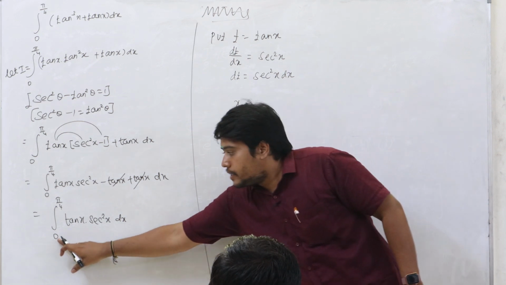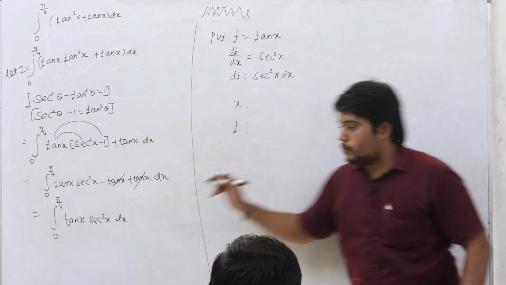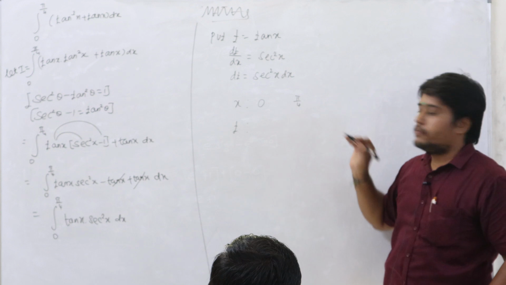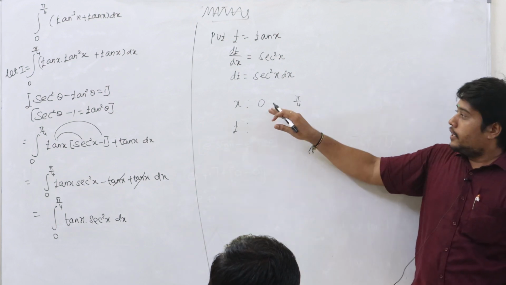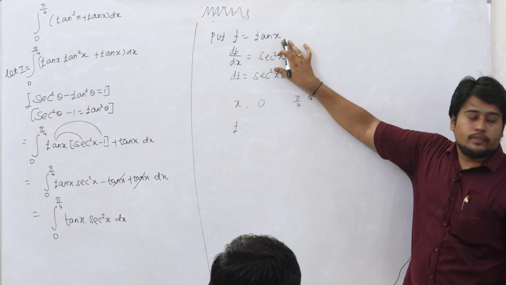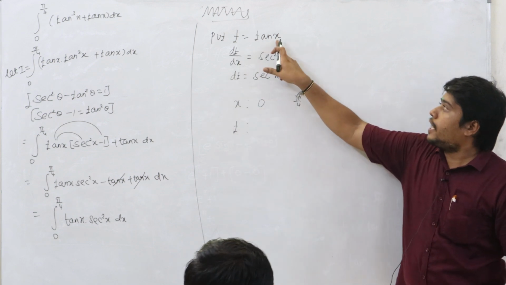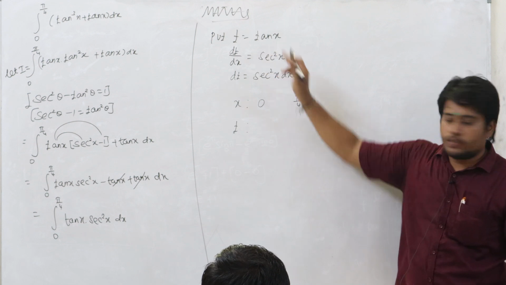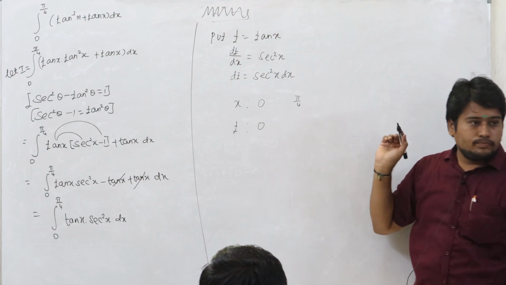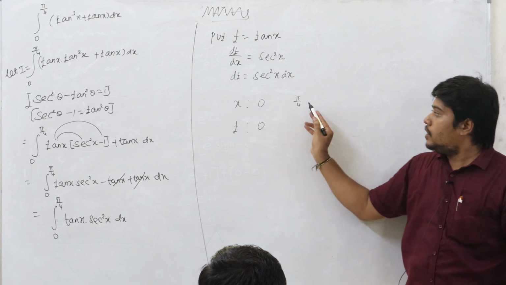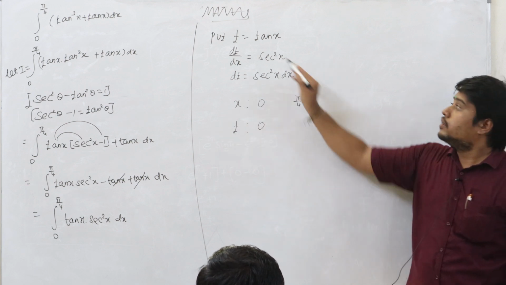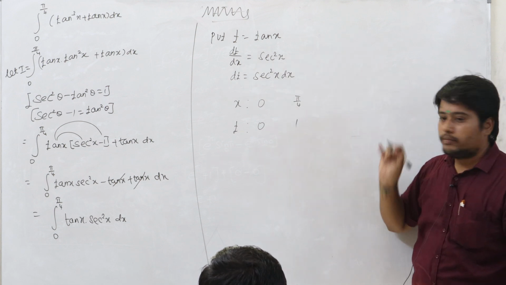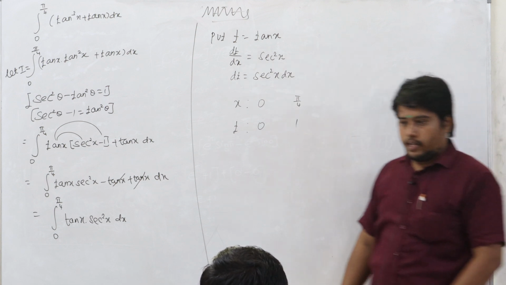For x the starting limit, which means the lower limit, is 0, and the final limit is pi by 4. Apply the substitution: for x equal to 0, tan 0 is 0, so t equals 0. For the other x value, pi by 4, substitute tan pi by 4. Tan 45 we get 1.